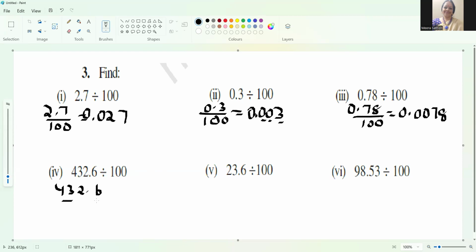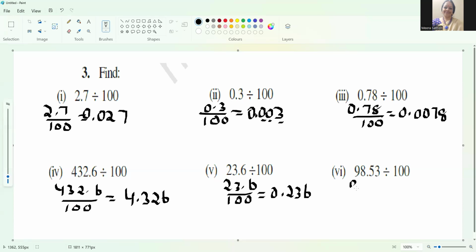Now 432.6 by 100. So 1 decimal in the numerator, 2 zeros down. So total 3 decimal places needed. So 4.326. Now 23.6 by 100. So 1 decimal in the numerator, 2 zeros, total 3, 0.236.